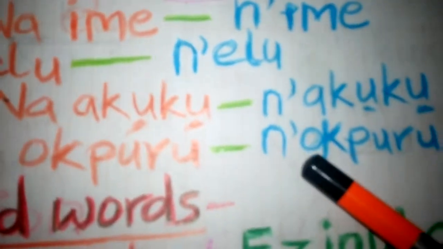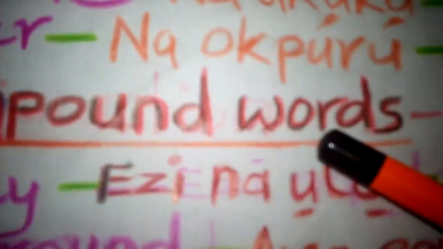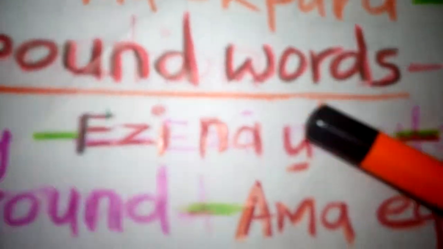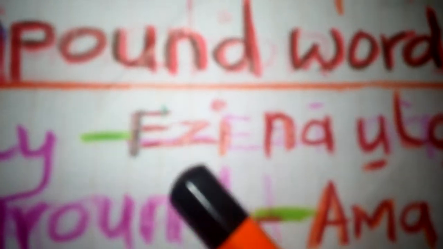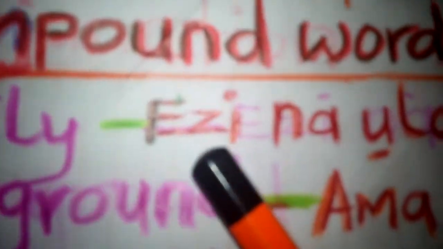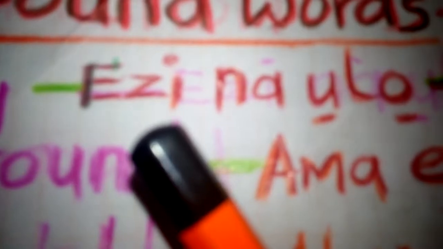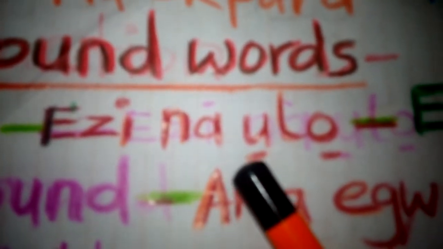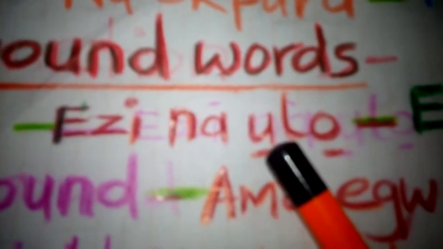Okay, so number two is a compound word, when you want to form a compound word. Like family is a compound word, because in Igbo it is ezi na ụlọ. You can see that this a here and ụ, they are vowels.